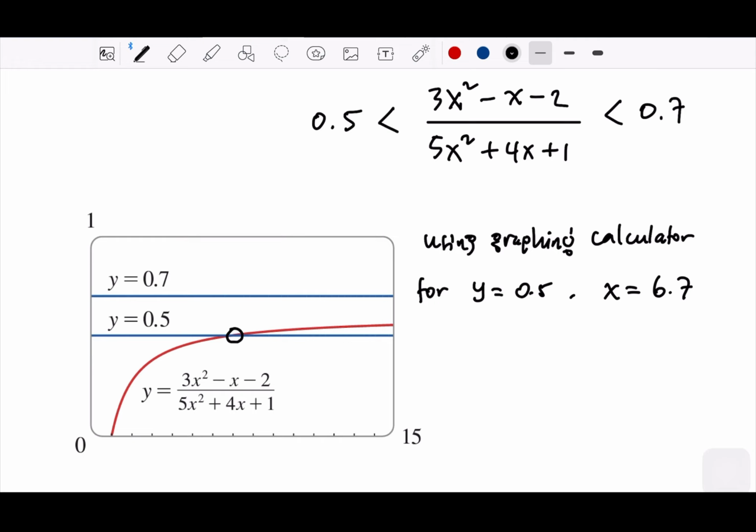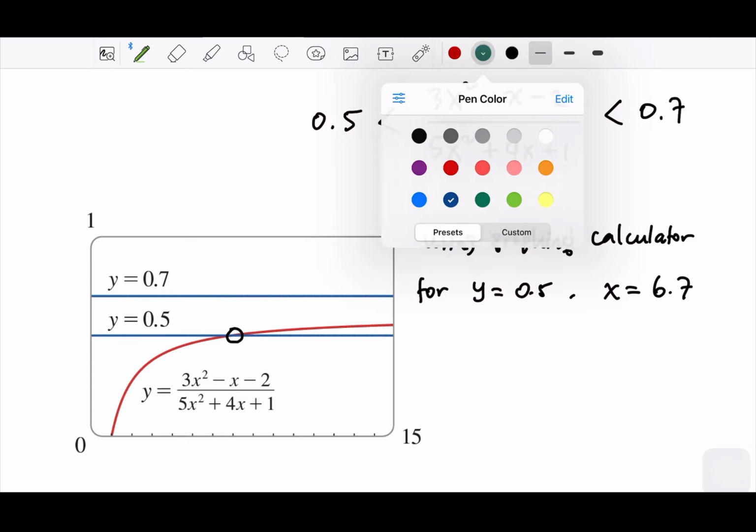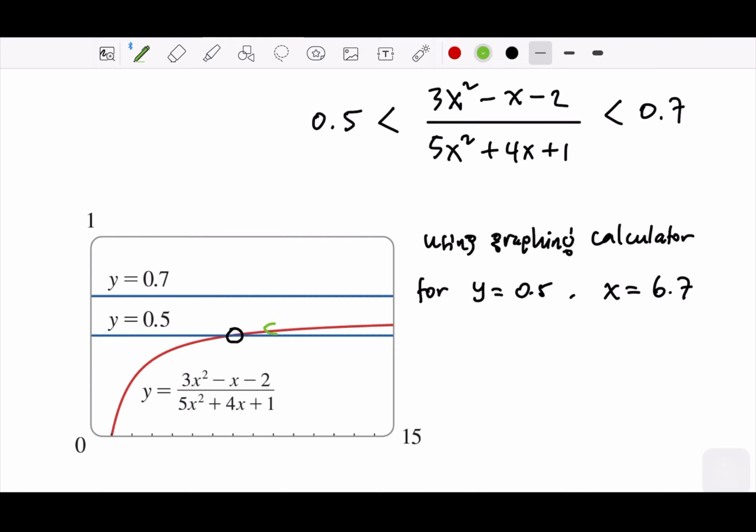So if we would like the point, let me put it in green, maybe around here, then perhaps it is safe to say that if we assume x equals 7, then the case will be true.